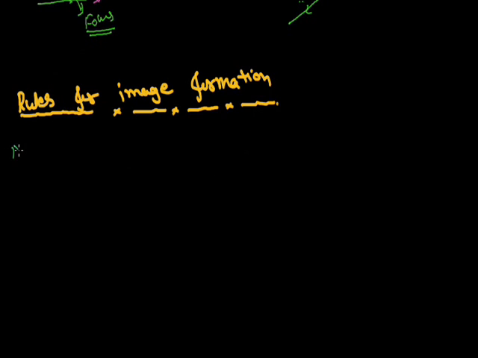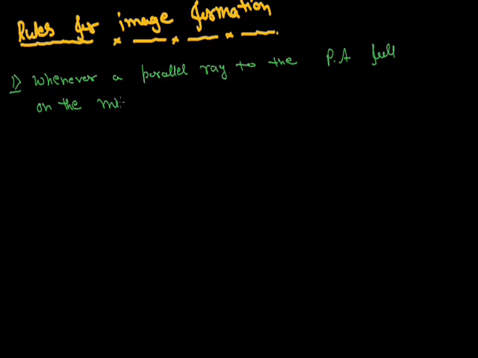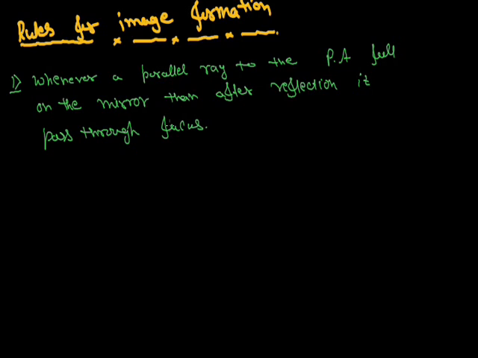First law states that whenever a parallel ray to the principal axis falls on the mirror, then after reflection it will pass through the focus.